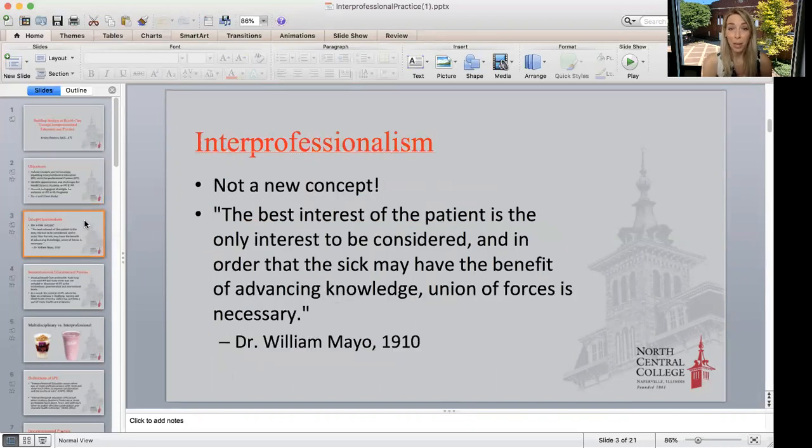First thing, interprofessionalism is not a new concept.